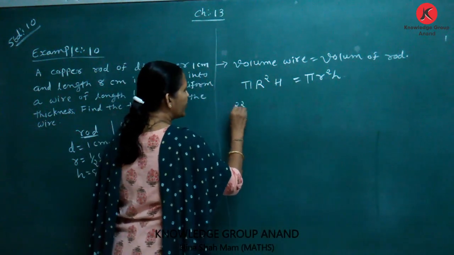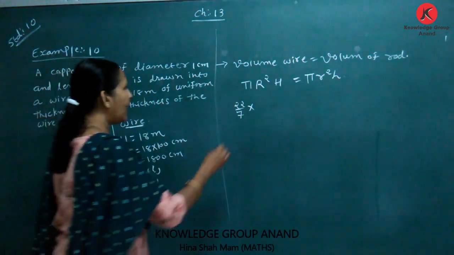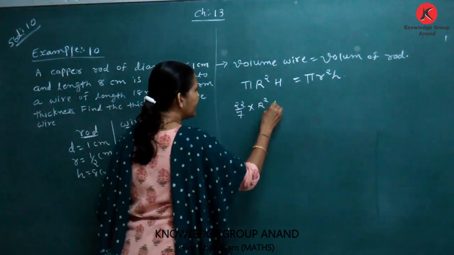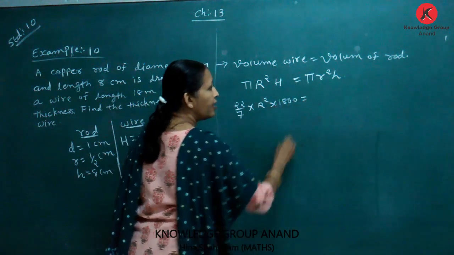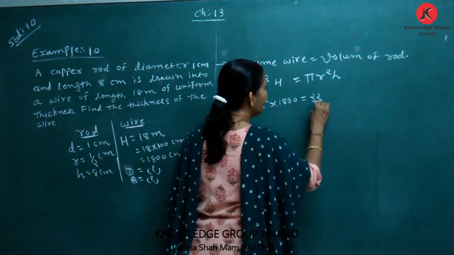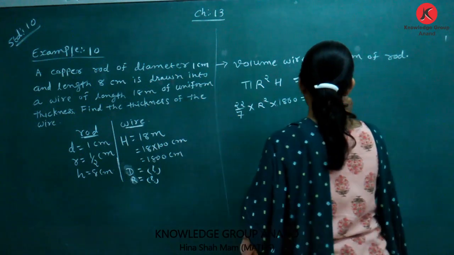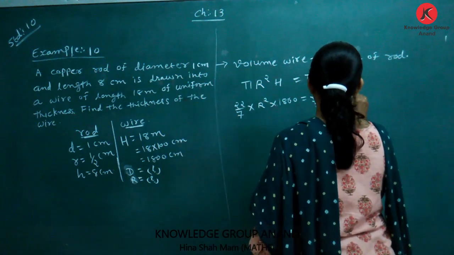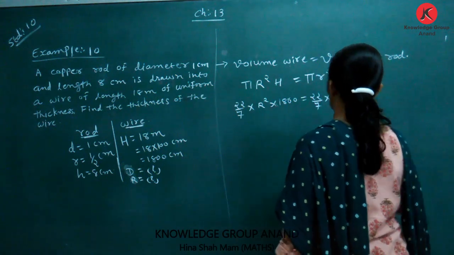Put the value 22 by 7 into pi, capital R we find, and H is equal to 1800, equals 22 by 7 into r square, 1 upon 2 into 1 upon 2 into 8.